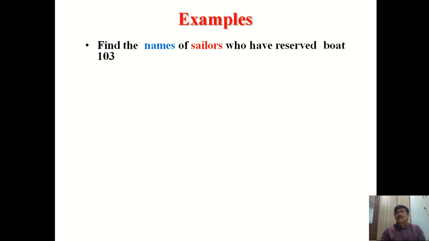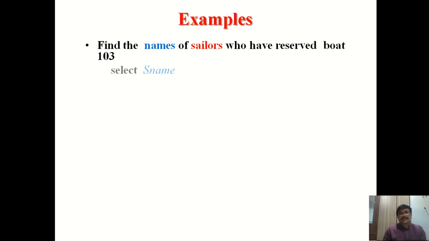So for the sailors who reserve a boat, the sailor ID as well as the boat ID is available there. That's why for this query we need two relations, sailors and reserves: sailors to get the names of sailors, and reserves for getting the reserved boat IDs.